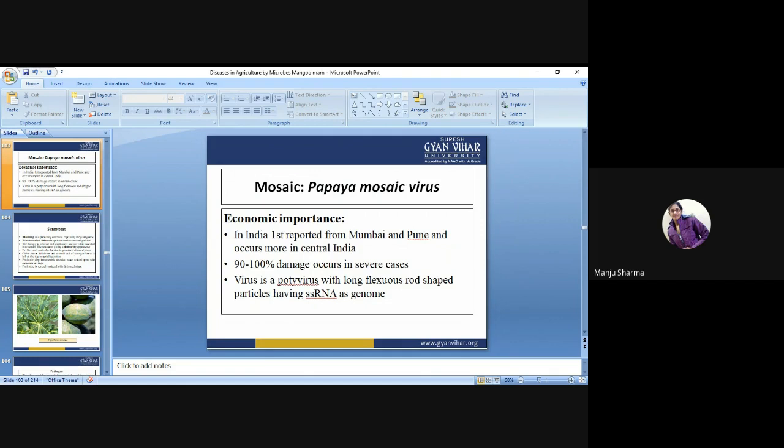Ninety to 100% damage occurs in severe cases. The virus is a potyvirus with long, flexuous, rod-shaped particles having single-stranded RNA as genome.